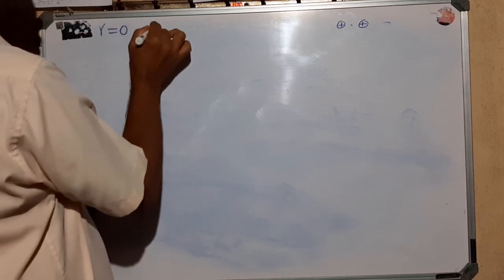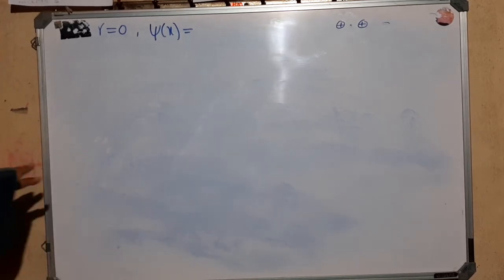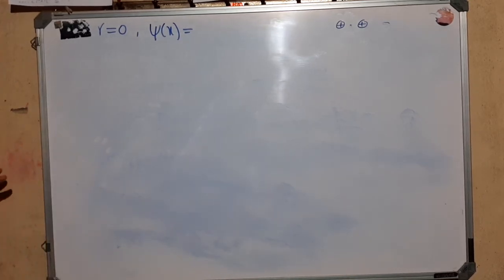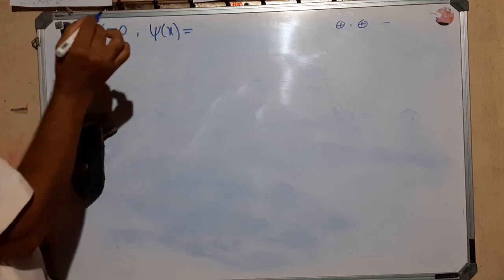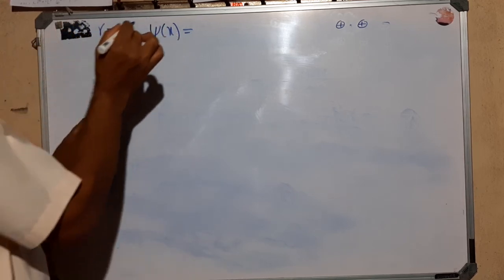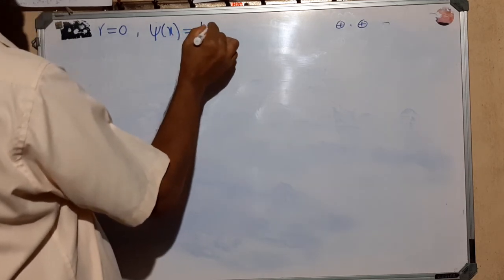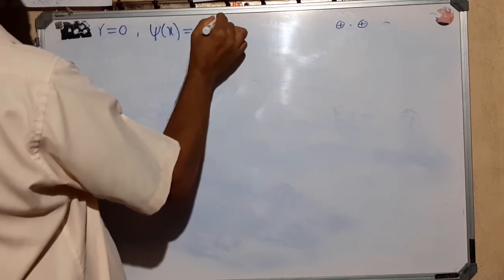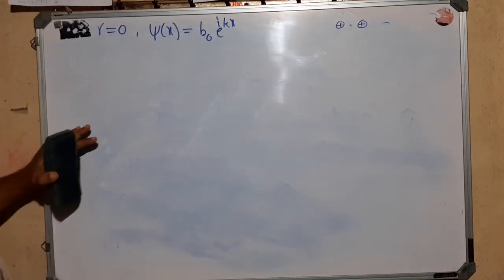The wave function for a perfectly free particle, psi of x, is equal to b naught into e to the power ikx. Yes, it is simpler, right?